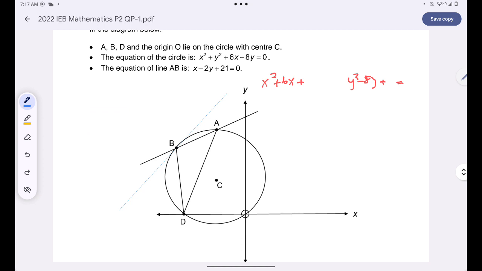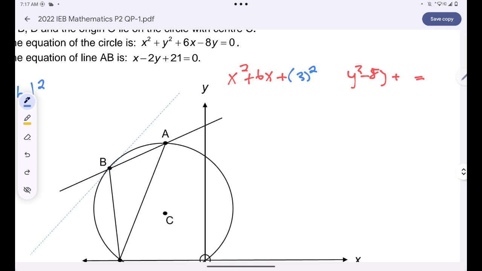By completing the square, they're just saying to you, take the value of b, multiply it by half, and then square everything. So the value of b is 6 in this case. If I multiply it by half, I'll get 3. Then whenever I square it, I'll get 9. 9 is the same as 3 squared, ne? Whatever I do on the left, I must do on the right. So if I'm adding 9 on the left, that means I must add 9 on the right hand side as well. Are we together?